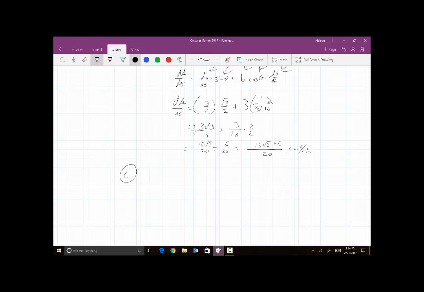It says A is increasing at a rate of 2.5 centimeters per minute, so that means dA/dt is equal to 2.5 centimeters per minute.